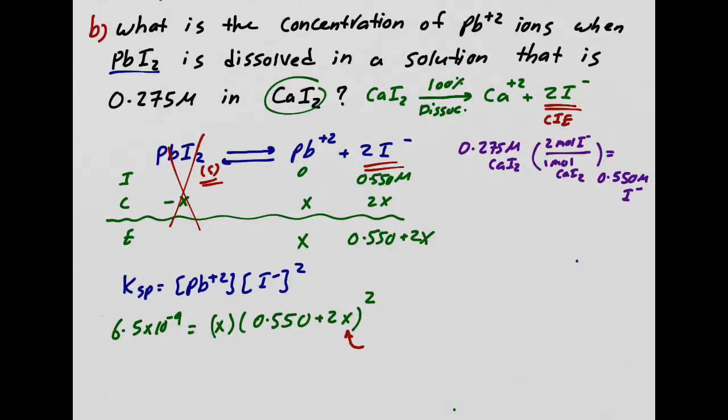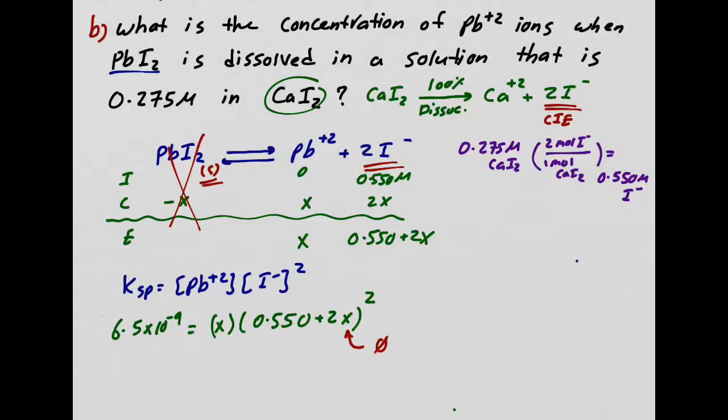All right, now what I'm going to do, you're going to like this. I'm going to assume this is 0. Why can I assume this is 0? Because my Ksp value is super, super small. 0.550 is such a big number compared to what this x is going to be. 0.550 is so much larger than my Ksp value, so I can assume this is 0.